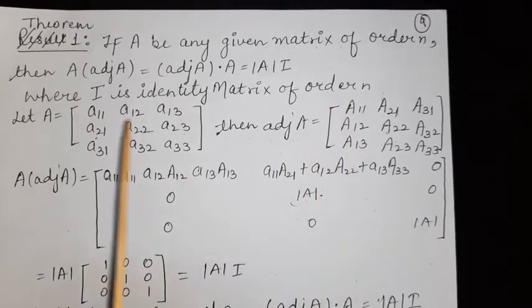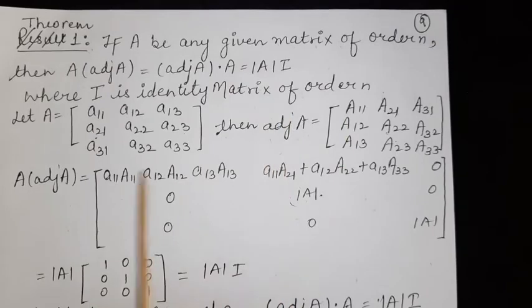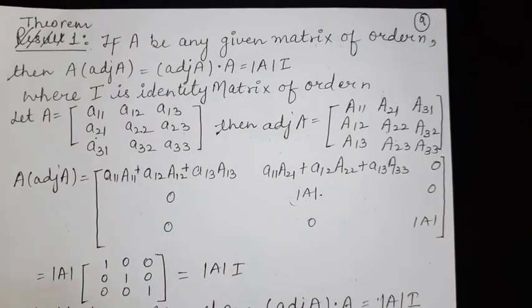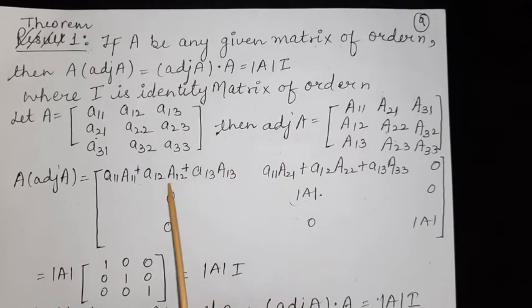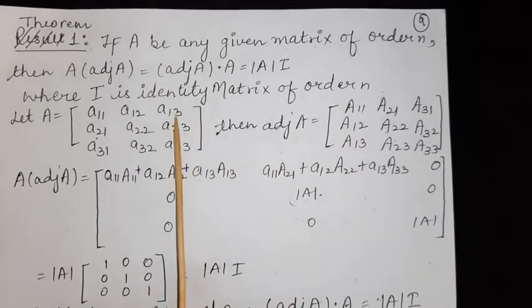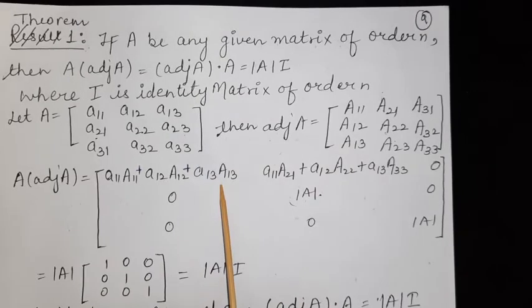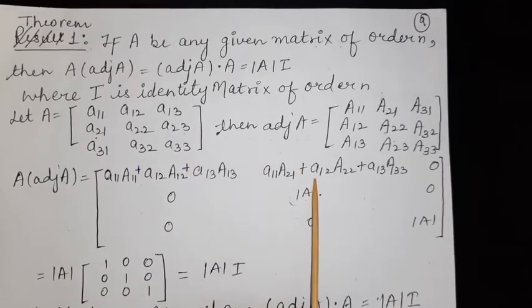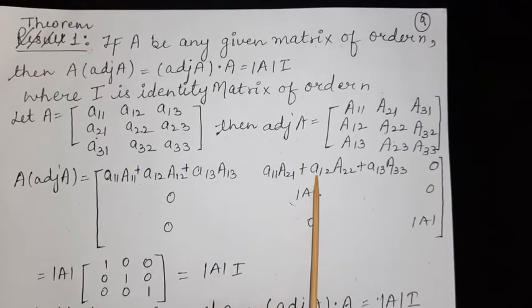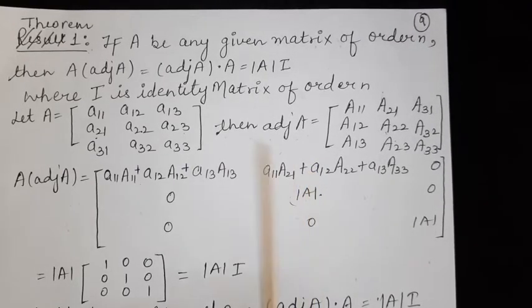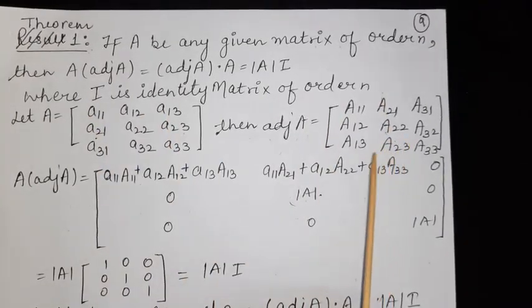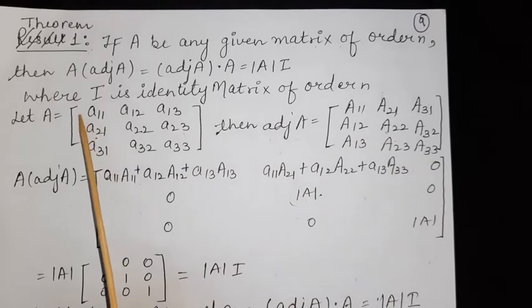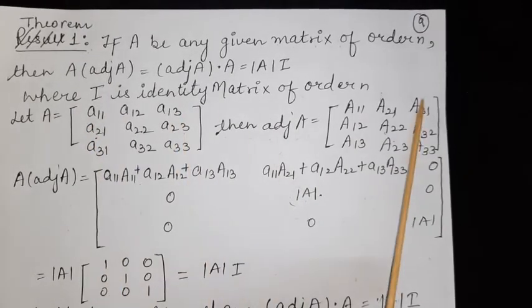So we have written it here: first element into first element, plus second element multiplied with the second element, and plus third element multiplied with the third element. Now similarly class, you can calculate the second element also. We will get this element by multiplying the first row with the second column. Similarly, this element you will get by multiplying the first row with the third column.